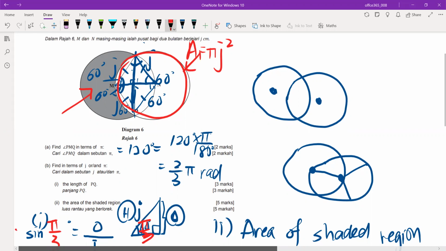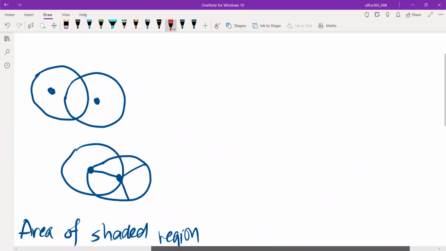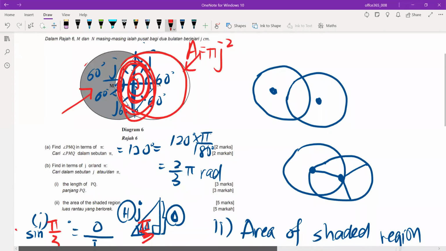But then I actually need this one. So how? You have to minus this one. Pi j squared is the whole thing on this one.